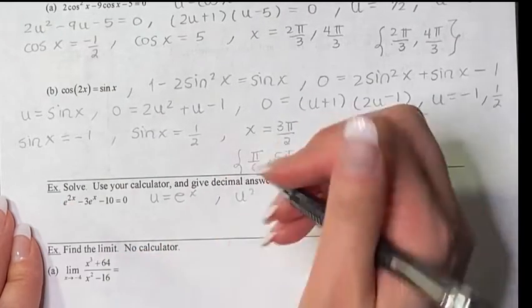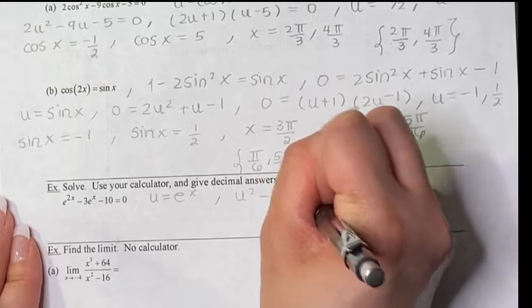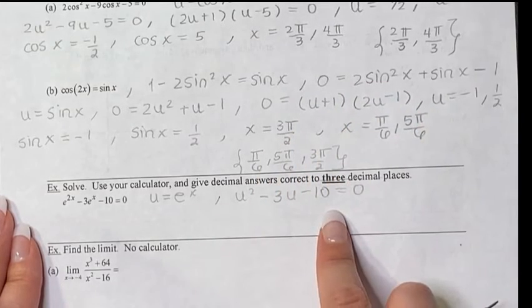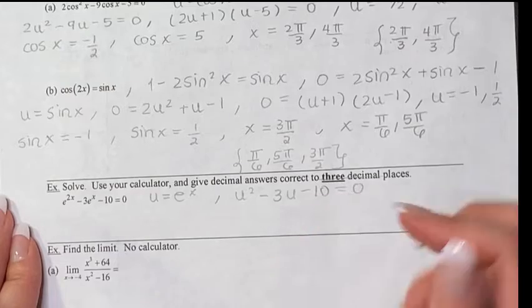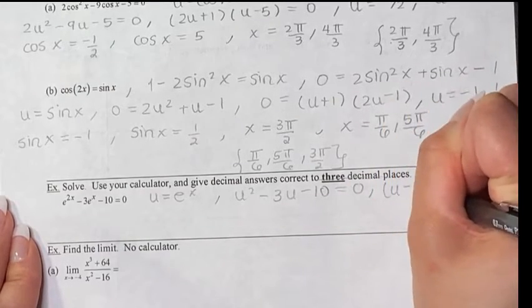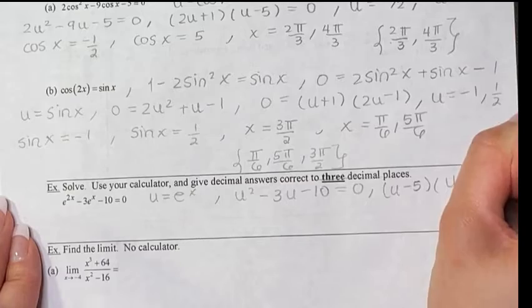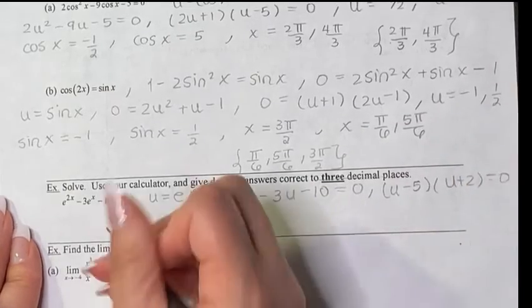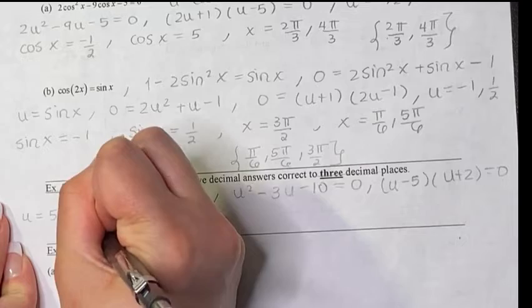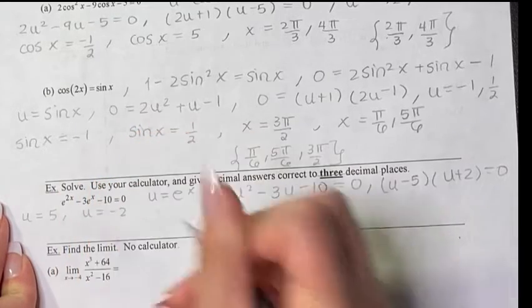So you have u squared minus 3u minus 10 is equal to 0. With this being said, I can factor this equation pretty user-friendly. So you have u minus 5 times u plus 2 is equal to 0, and your u's are going to be 5 and -2.